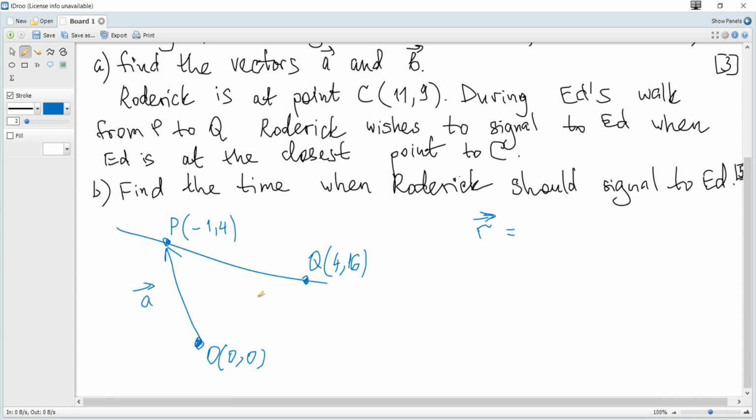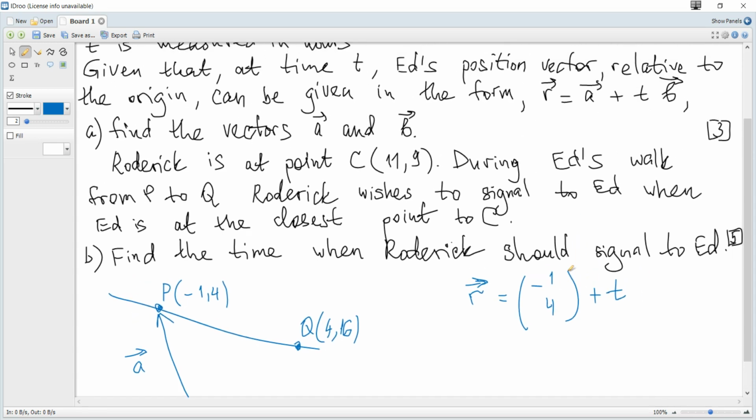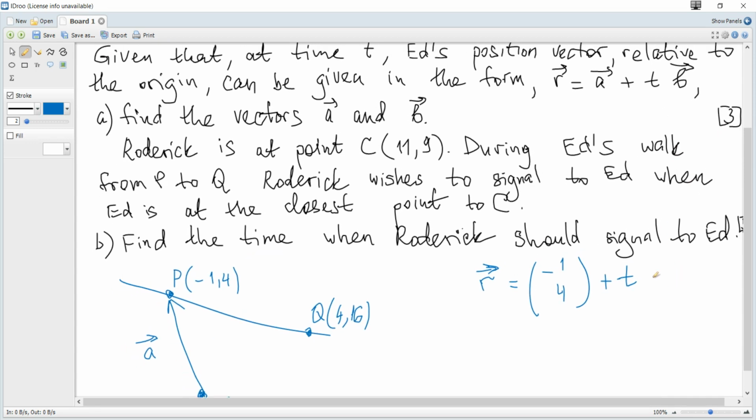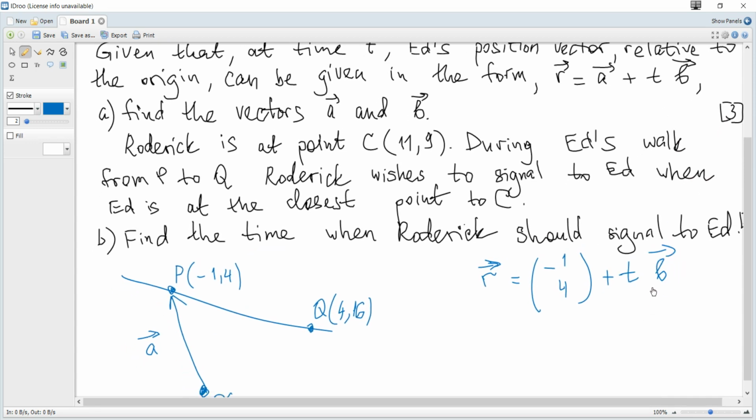Coordinates of a point and coordinates of a vector have different meanings, but the same values, because the starting point is the origin. It's only for position vectors. Hence, it becomes -1, 4 plus time t multiplied by the vector b, and vector b here means velocity vector.